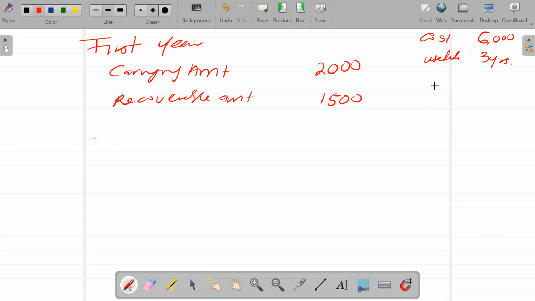So it means that every year the depreciation for the year is 2,000.